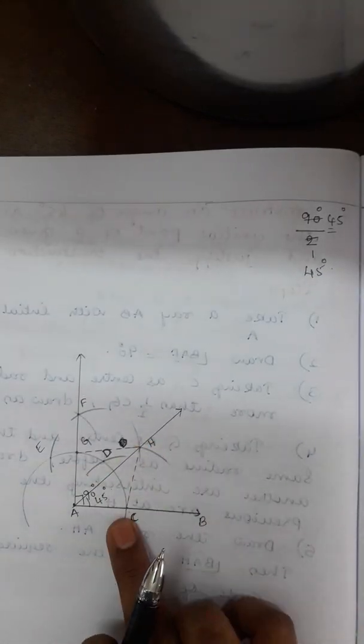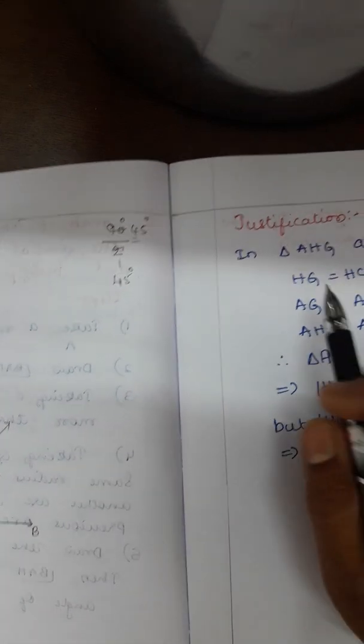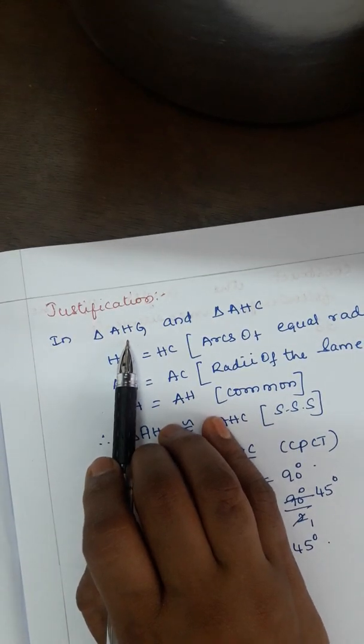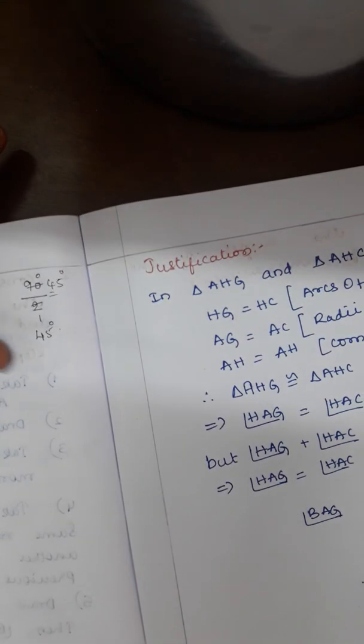In triangle AHG and triangle AHC, HG is equal to HC, as they are drawn from arcs of equal radii. Hence GH is equal to HC.